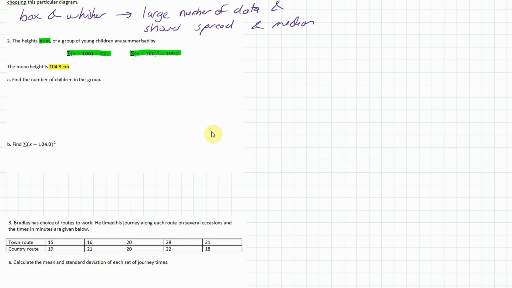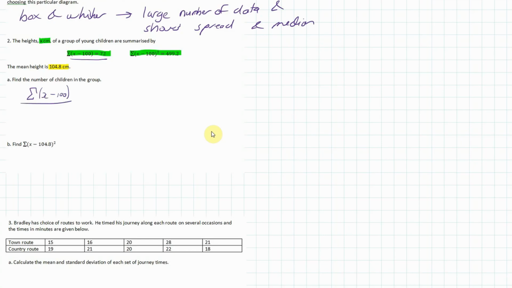Alright, what we're going to do is take the sum of all of the heights, and then we're subtracting 100 from each of those, and when we add them all together, we get 72.